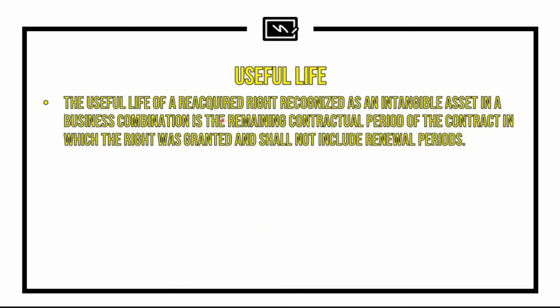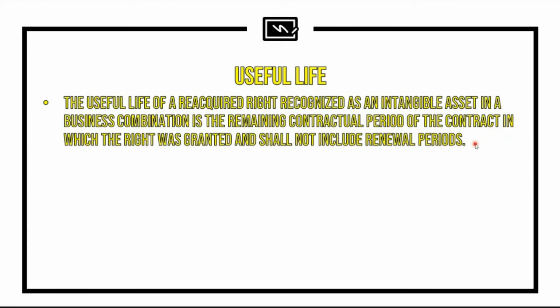So, the useful life of a reacquired right recognized as an intangible asset in a business combination is the remaining contractual period of the contract in which the right was granted and shall not include renewal periods. Okay? The reason here is because renewal is only talking about the initial parties in a contract.